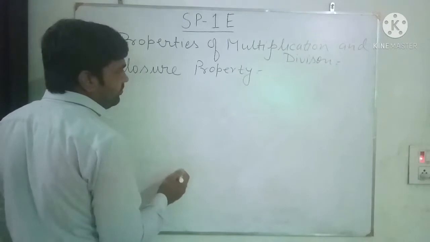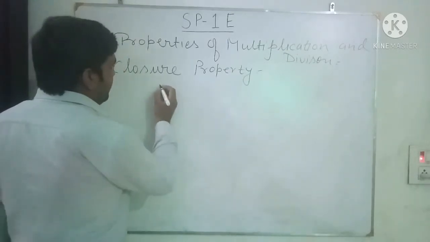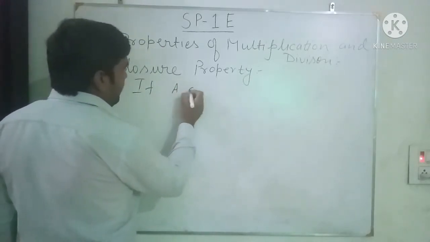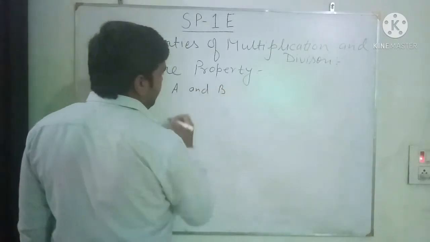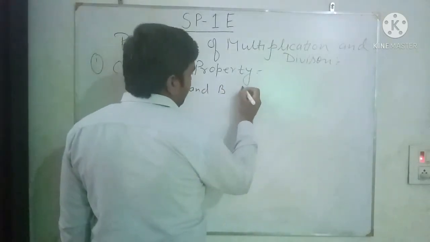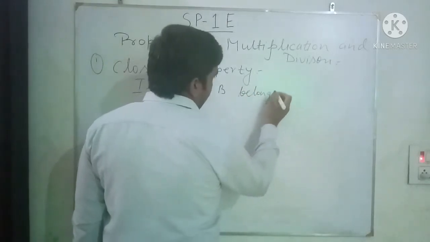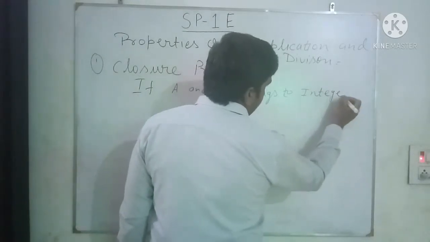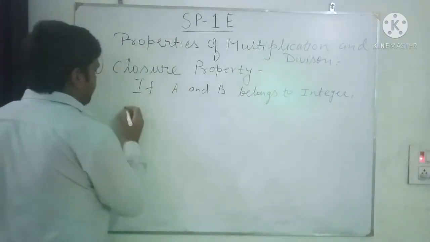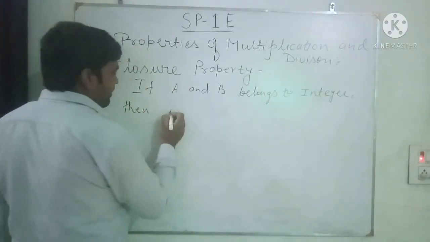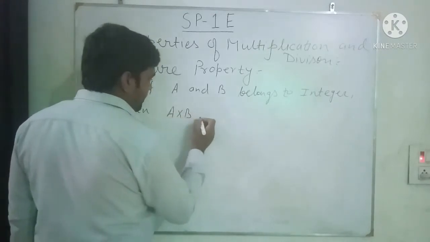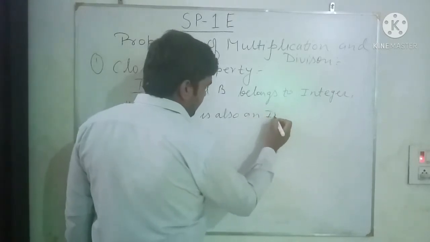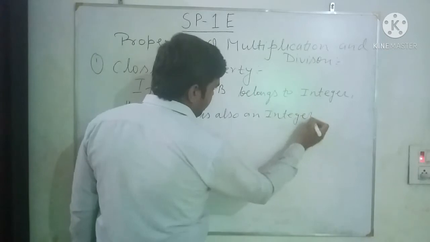For example, if a and b belong to integers, then a into b is also an integer.